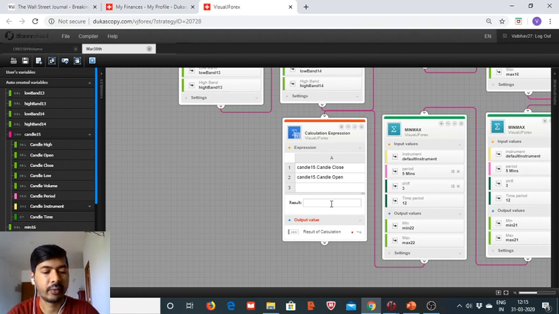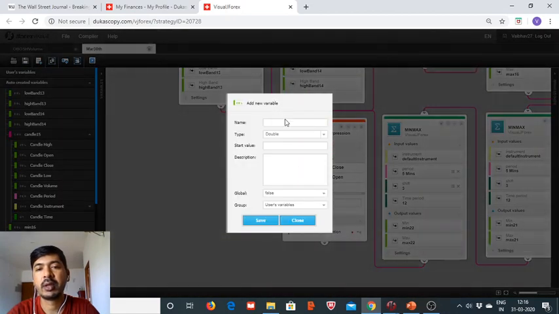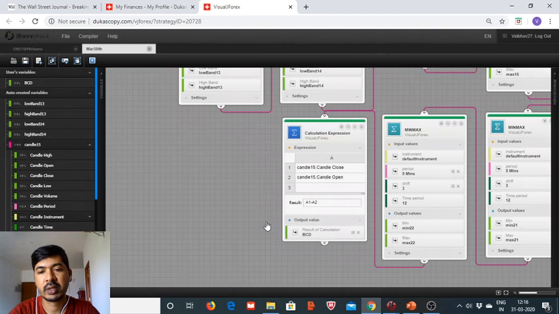And here the convention as per MS Excel, A1 minus A2, and this will be the buy candle difference. Let's save it.